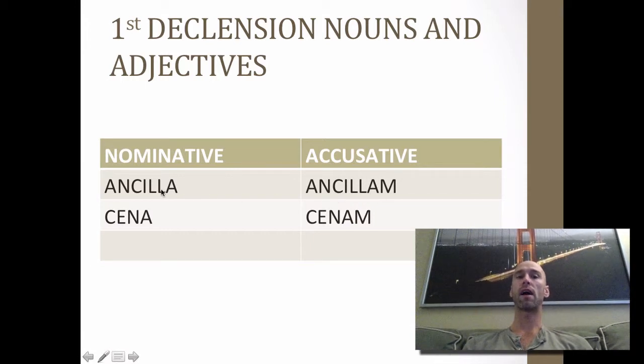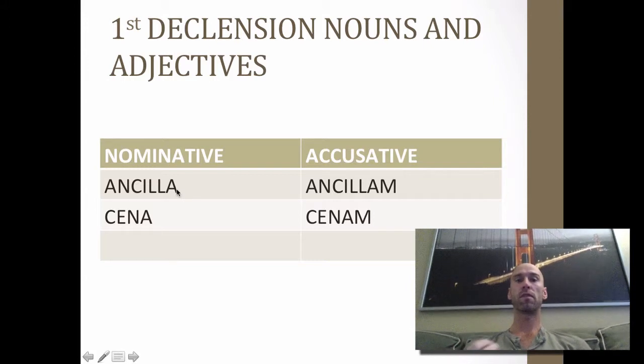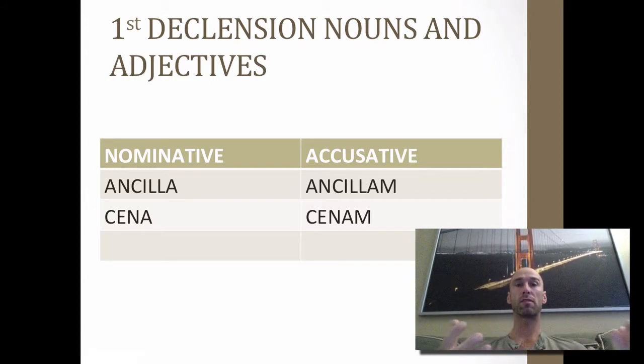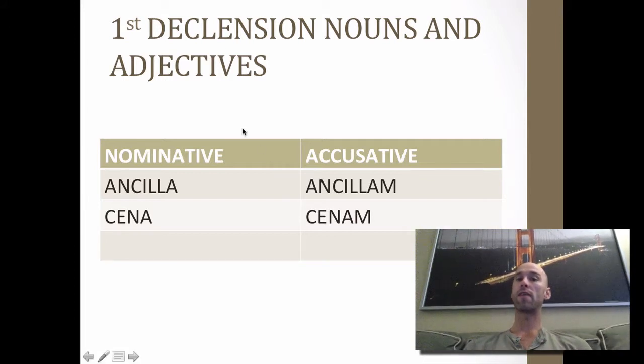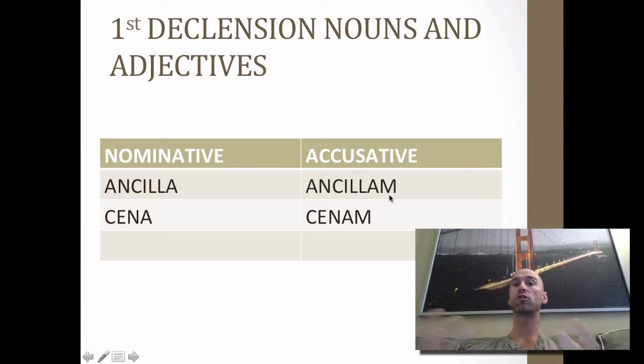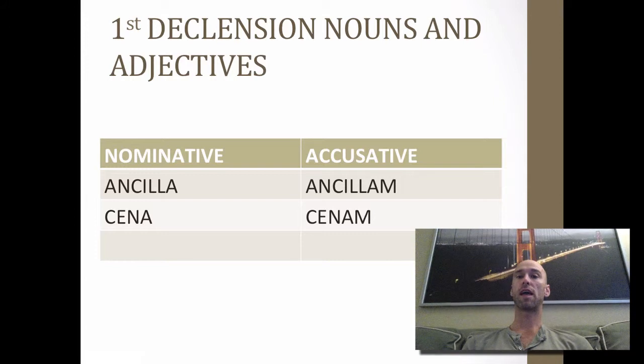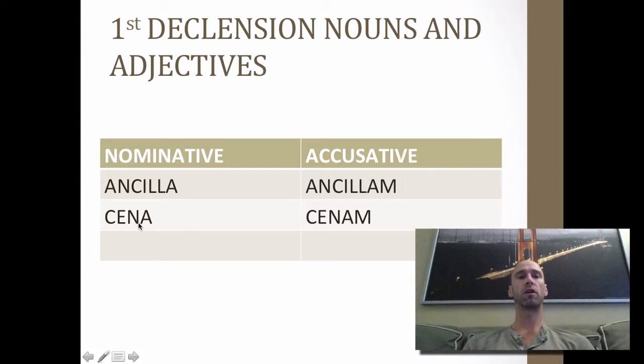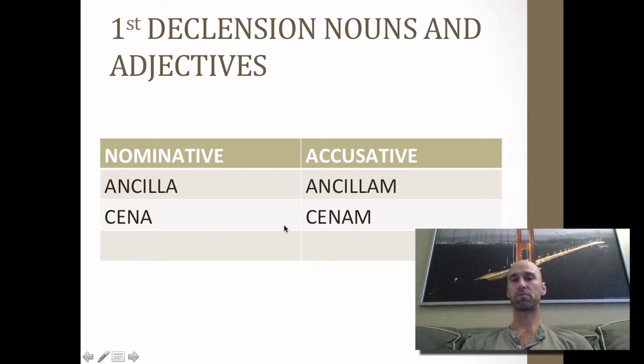So right here I have ancella, which is just slave girl. This would be if the slave girl was doing something, then she'd be in the nominative form. And if the slave girl was having something done to her, she's going to be in the accusative form. And she ends in am.